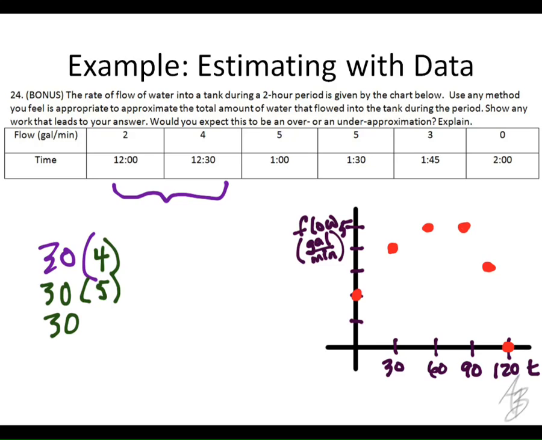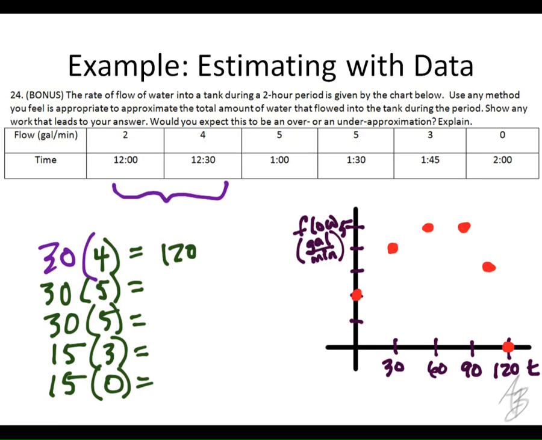And for the third half hour, we would use 5. For the next 15 minutes, we would use 3. And for the last 15 minutes, we would use 0. And so we get 120, 150, 150, 45. So we get 465 total.